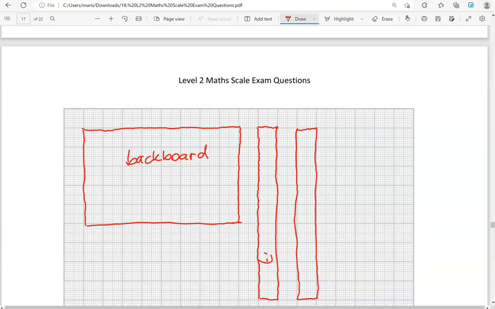So we're going to call these the top piece and bottom piece.